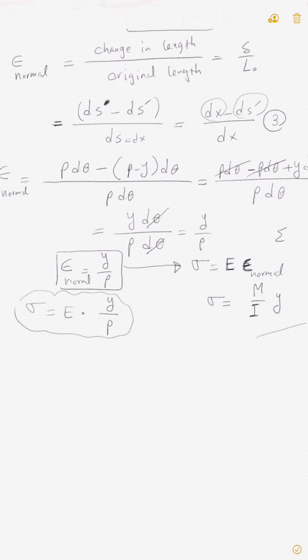Let's draw it here. Now you remember that. Let's say this is your beam cross section, and then you have some sort of bending that causes this to go up or down, right? And then you have a location. Let's say this is the neutral axis right here. A location, let's say right here, y.